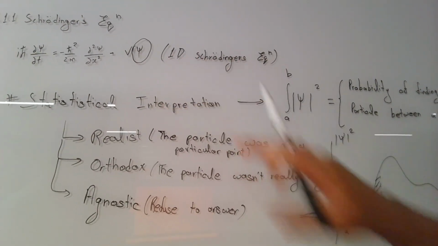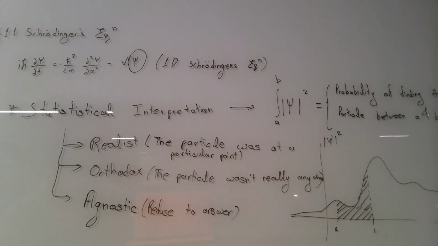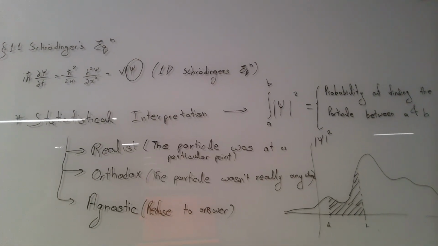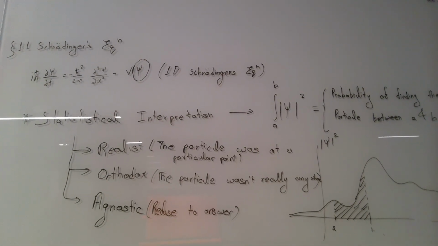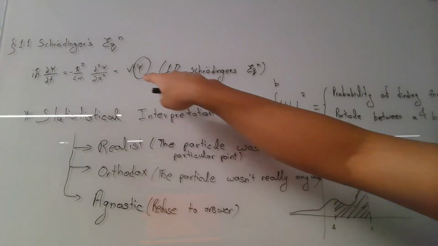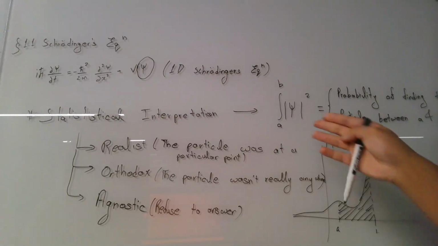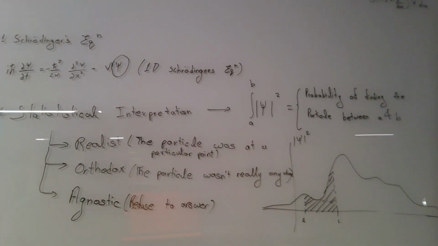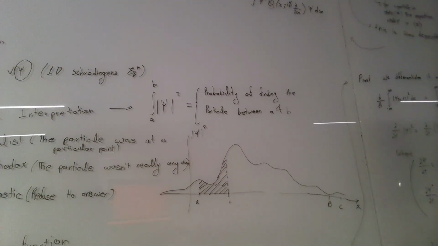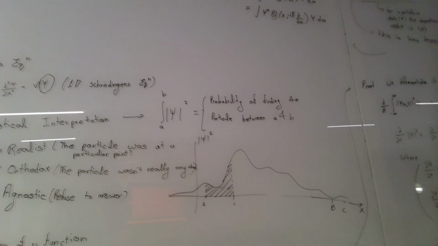This is one-dimensional because we are only going to be talking about the x-axis. We're going to think about x, y, and z in the future, and convert that into spherical coordinates. But if you take this function and you square it, what you get is the probability, right? Probability of what? Of a particle's existence in a certain region.